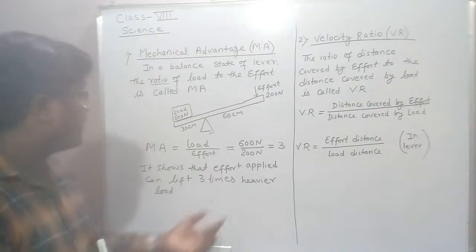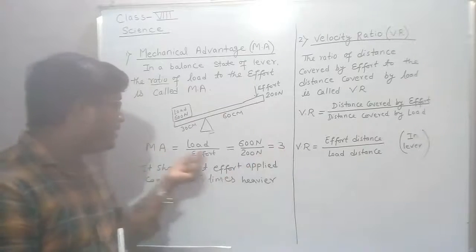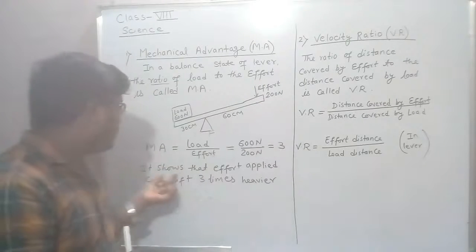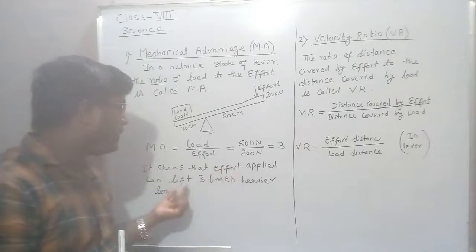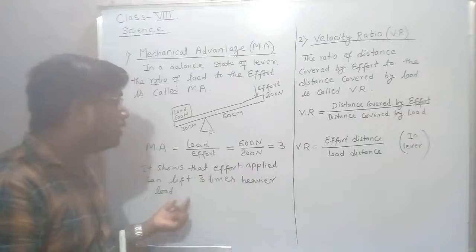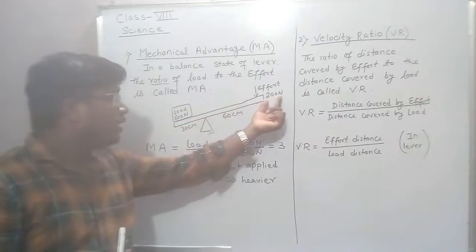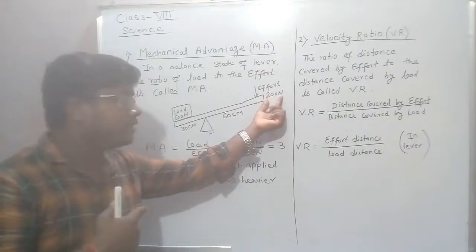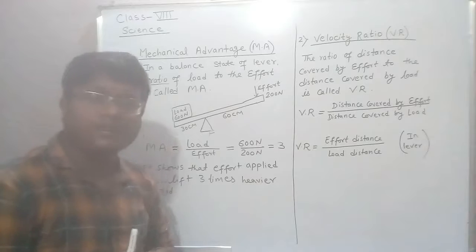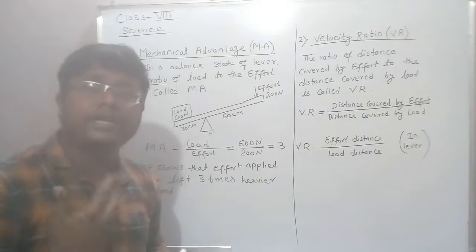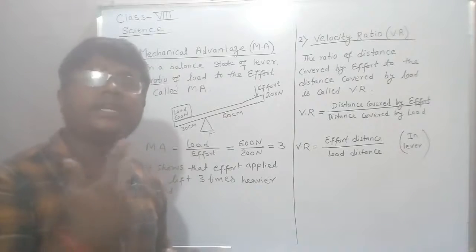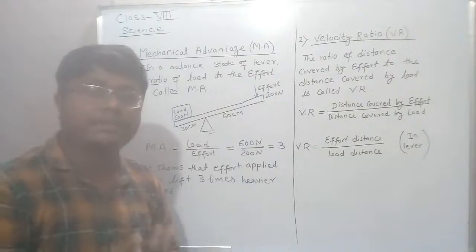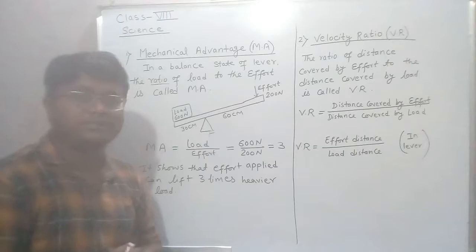Here the mechanical advantage is 3, so the effort applied can lift 3 times heavier load. By using this 200 Newton effort, we can lift a load 3 times heavier than 200 Newton, that is 600 Newton.